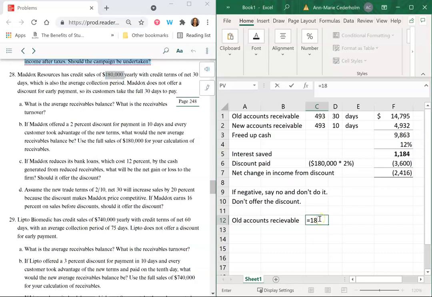If I divide 180,000 by 365 days, that will give me $493 per day. And right now I offer 30-day terms, so if everybody pays me when they're supposed to, my accounts receivable will usually sit at an average of 14,795. So that's 493 times 30 days.